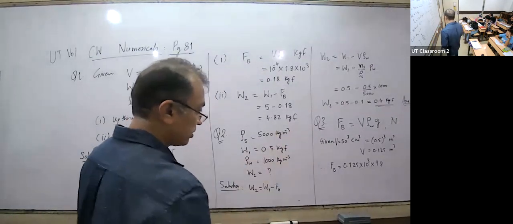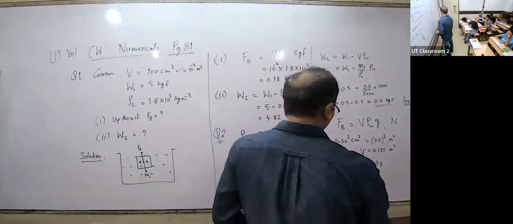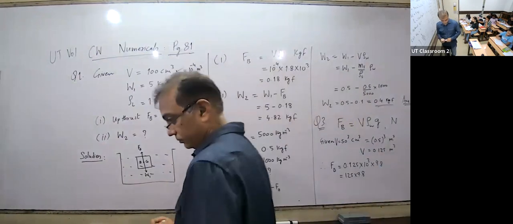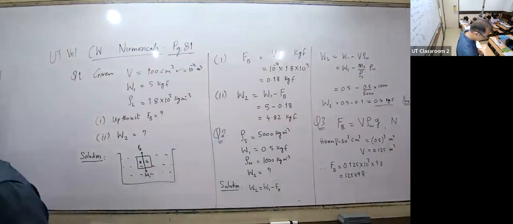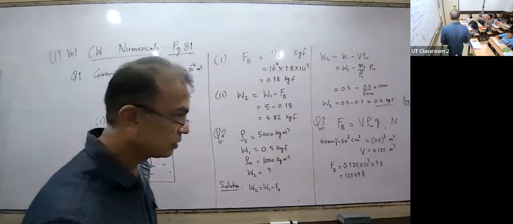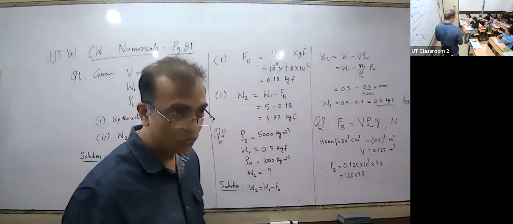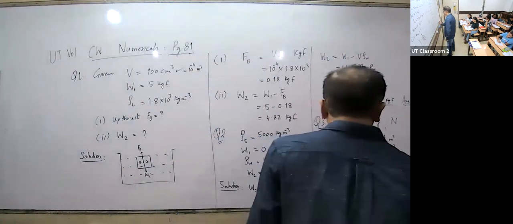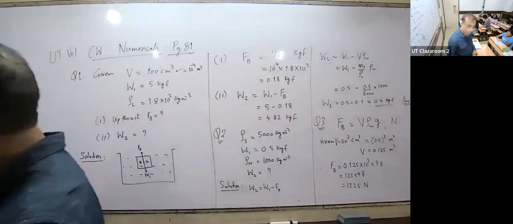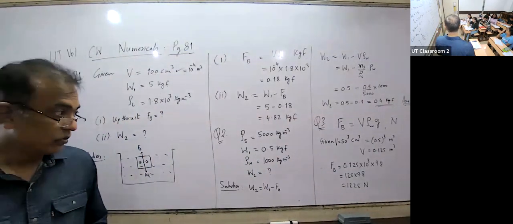So what is the calculation now? 10 raised to 3 into 0.125, which was 125, into 9.8. How much is this? So we will do the math. 1225. Has anyone done it? 1225. Anybody else who has done it? Can you verify? Okay, chalo, so we settle with 1225.